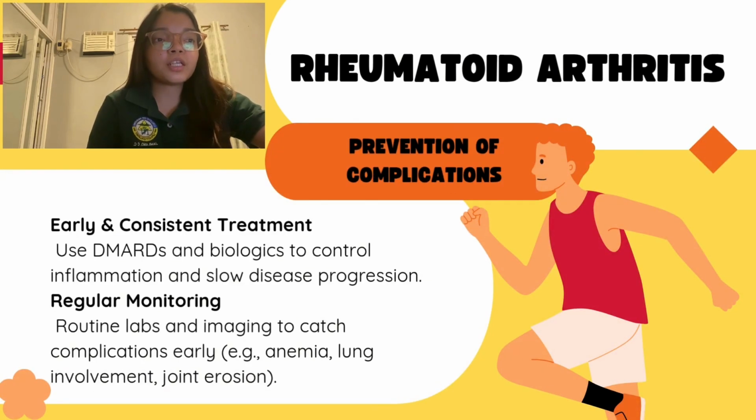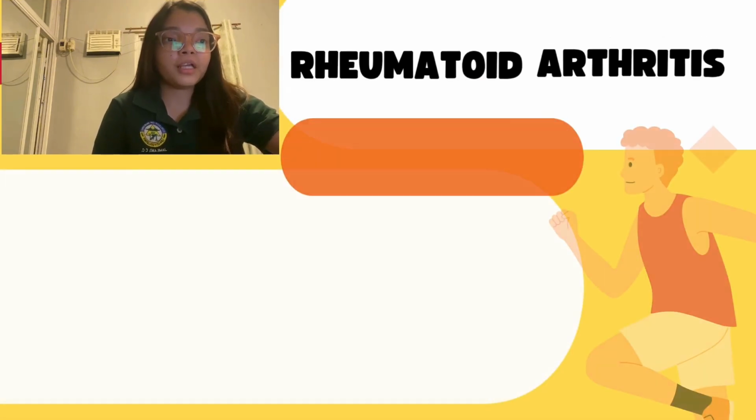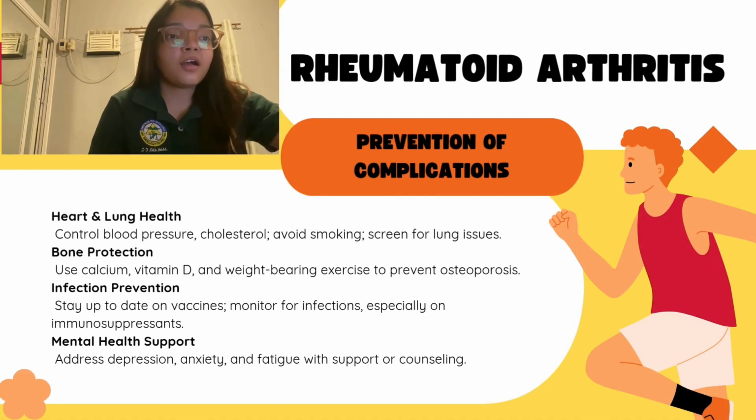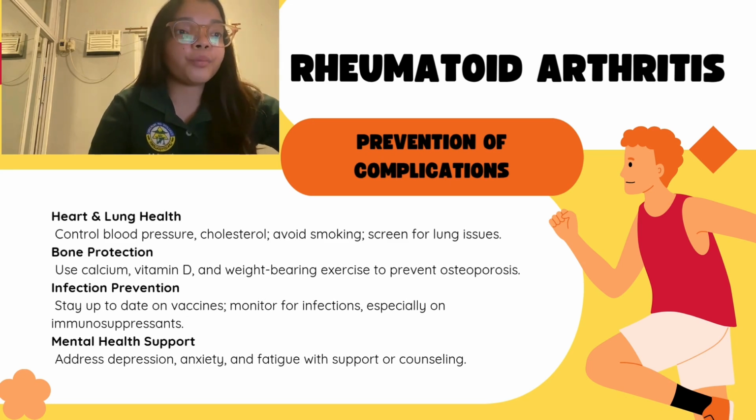Early and consistent treatment: use DMARDs and biologics to control inflammation and slow disease progression. Regular monitoring: routine labs and imaging to catch complications earlier. And heart and lung health: control your blood pressure and cholesterol, avoid smoking, screen for lung issues.